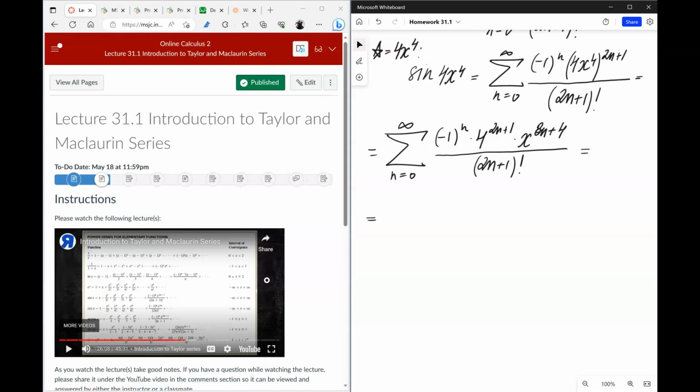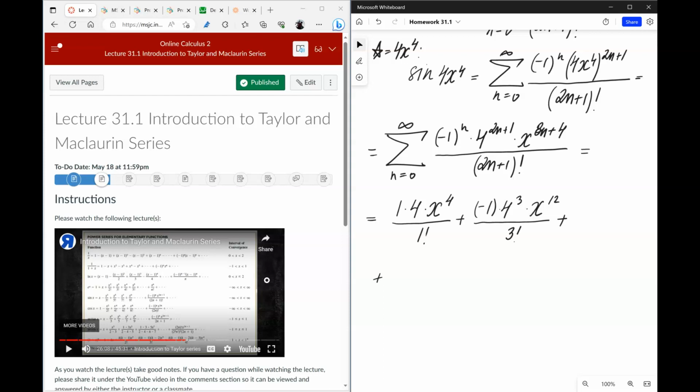When n is equal to 0, we have 1 times 4 times x to the power 4 divided by 1 factorial, plus when n is equal to 1, we get negative 1, 4 to the power 3, x to the power 12 divided by 3 factorial, and let's just continue.